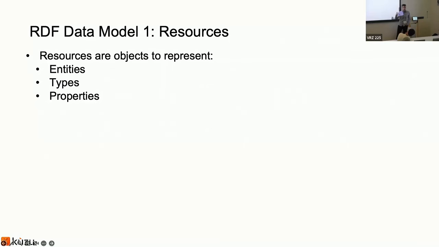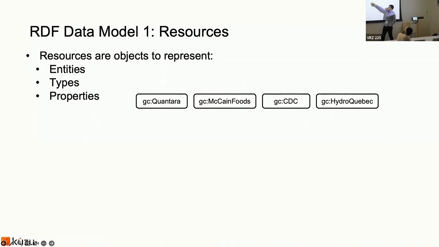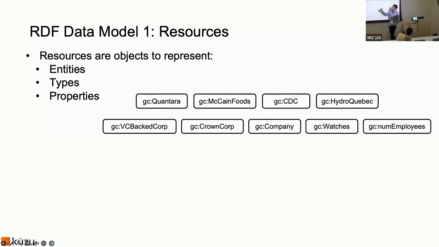So that's the first leap to getting this ability to model these complex things. You could be modeling as an object the company Quantara, which we also did in the property graph example, or Hydro-Québec is another company, or Google, etc. So those are your entities. But you also have as objects things like VC-backed corp, right?